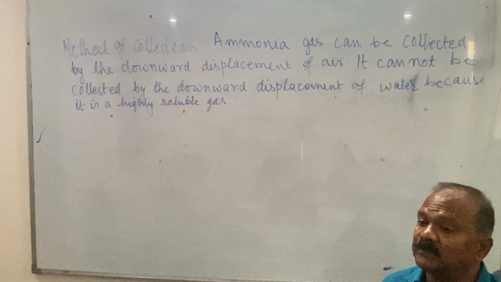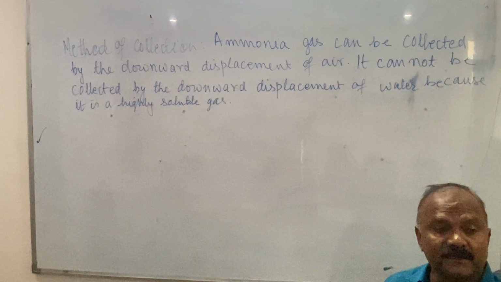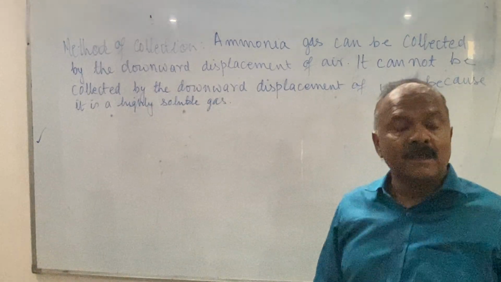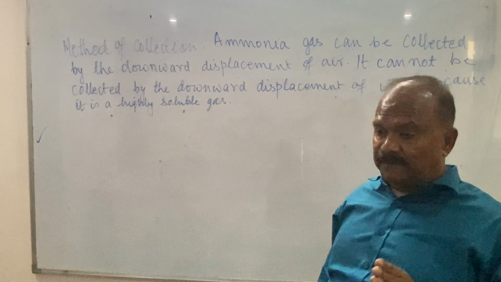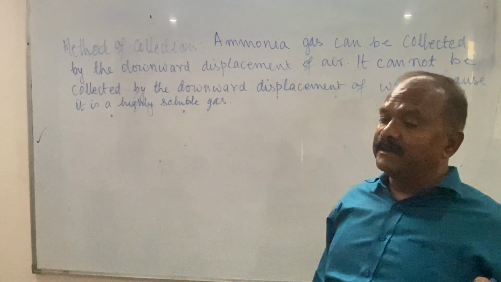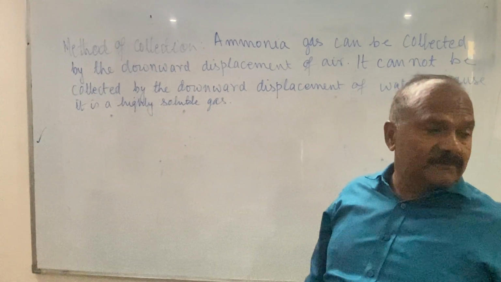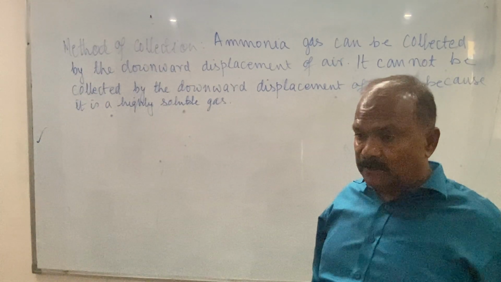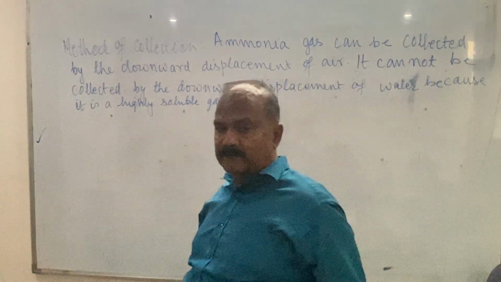And HCl was how much? 452 liters of HCl will dissolve in 1 liter of water, whereas nearly 700 something liters of ammonia will dissolve in 1 liter of water. So ammonia is much more highly soluble in water. Is that clear? Now the identification.